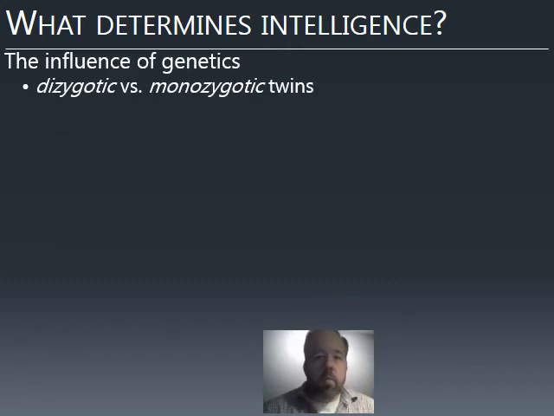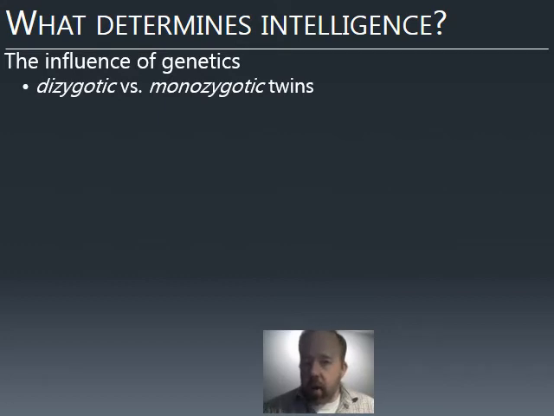And so they don't share as much genetic material as monozygotic twins. Monozygotic twins are identical twins, as they're often called, and they are the outcome of a single fertilized egg. That egg happened to split into two, but those two split versions contain identical genetic information. So dizygotic twins are more related than monozygotic twins.